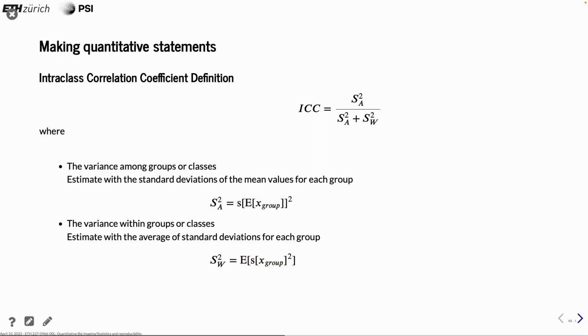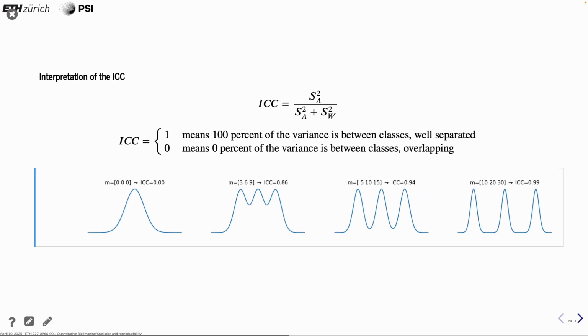And those together give us this intra-class correlation coefficient.